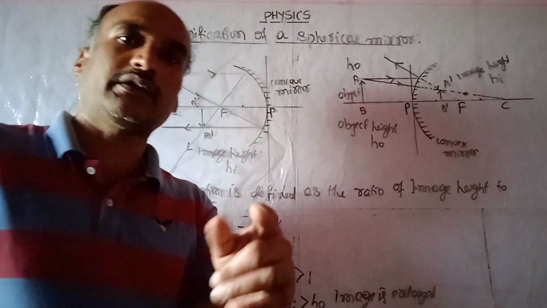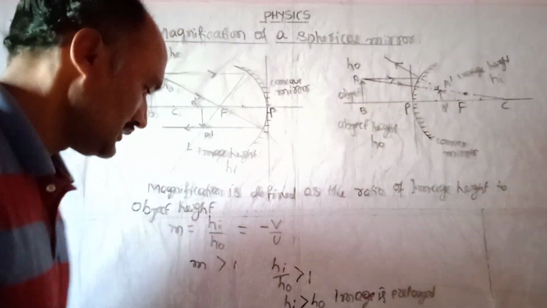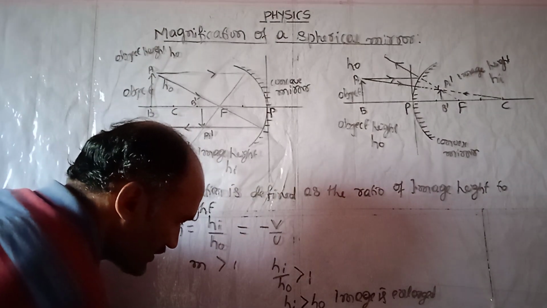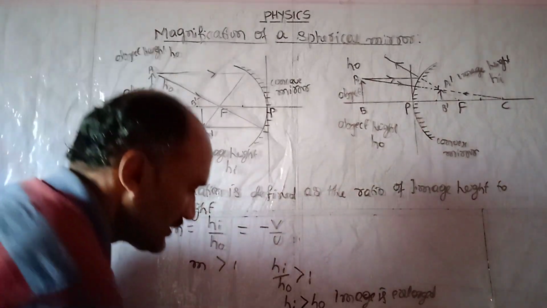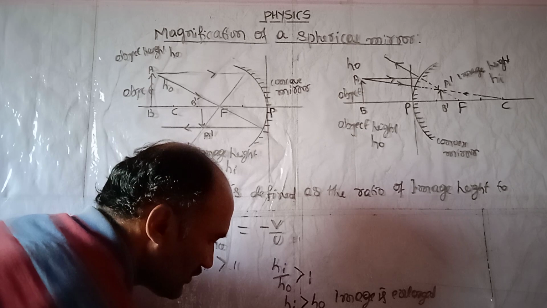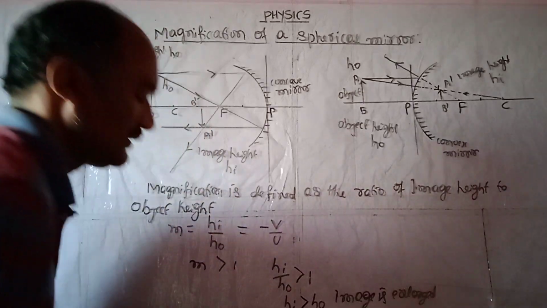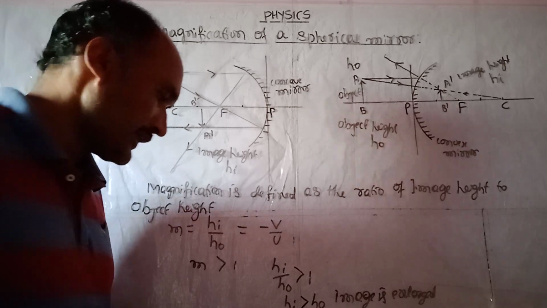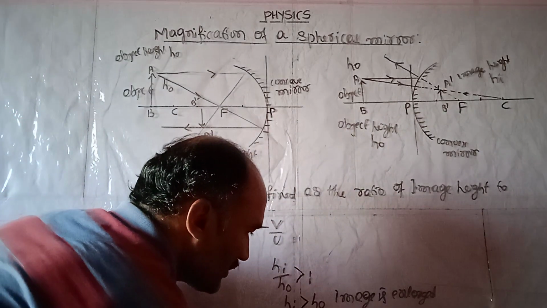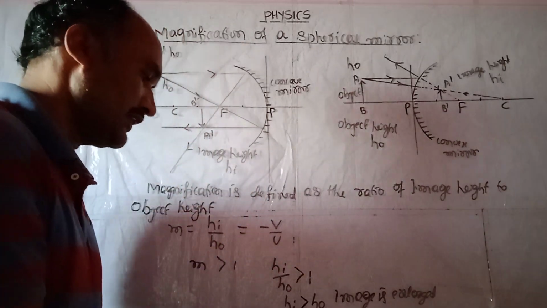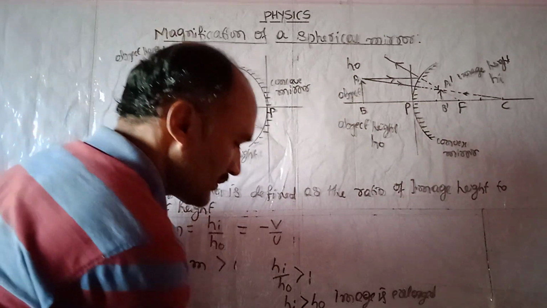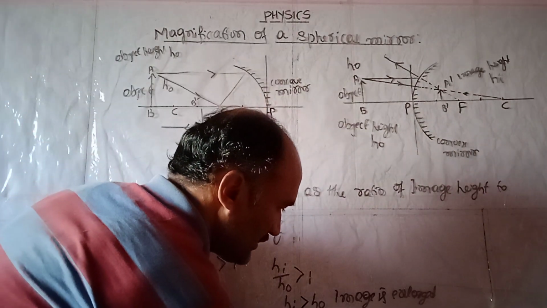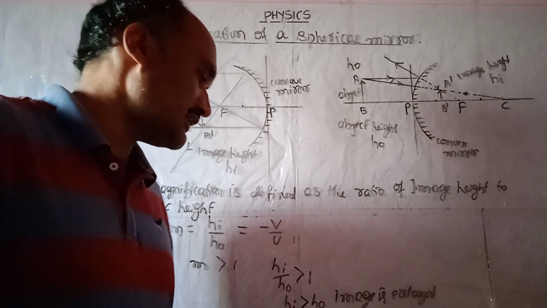Suppose magnification is 1. That means hi divided by ho is equal to 1, so the image height is equal to the object height.